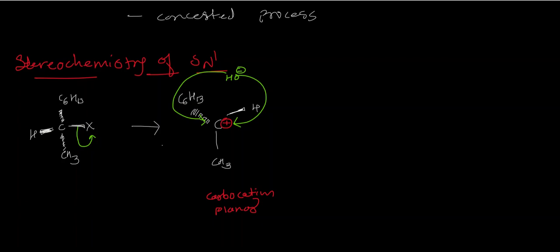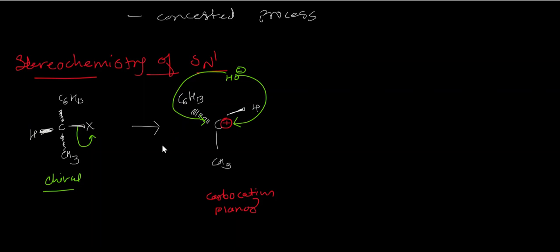The addition of nucleophile takes place from both sides because the carbocation is planar, resulting in racemic nature, because this is a chiral carbon. The nucleophile can attack either the top side or the bottom side, so there is racemization of the mixture. It means equal amounts of R and S products are formed.